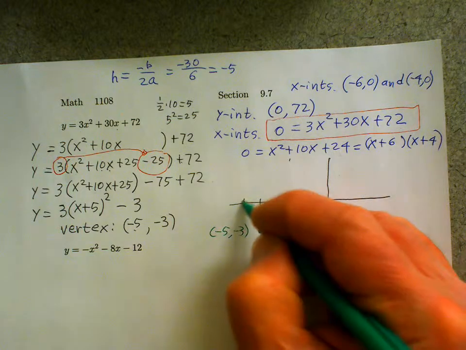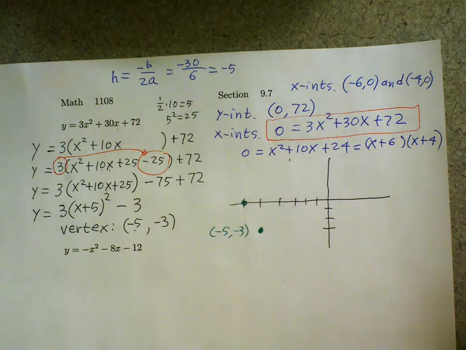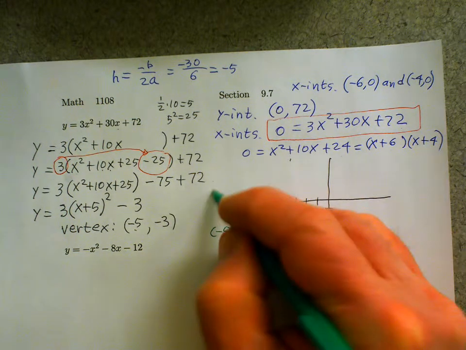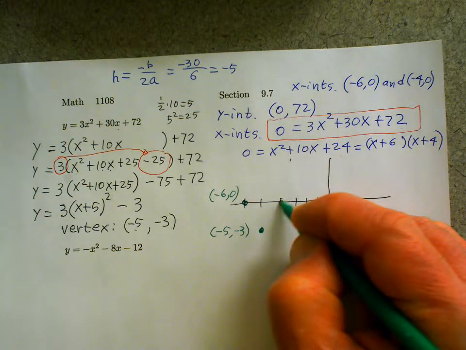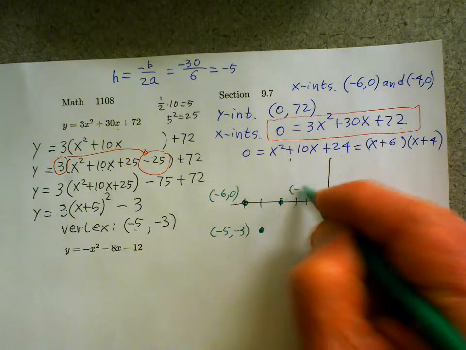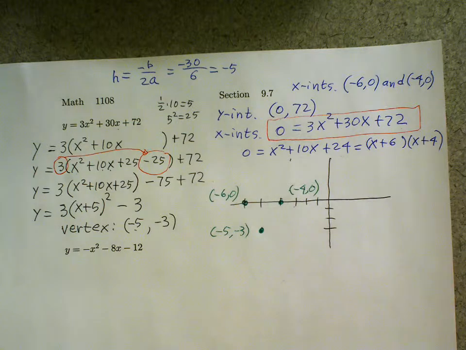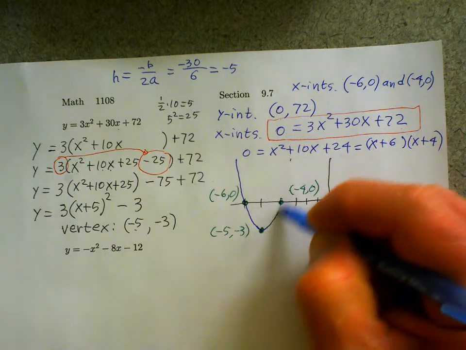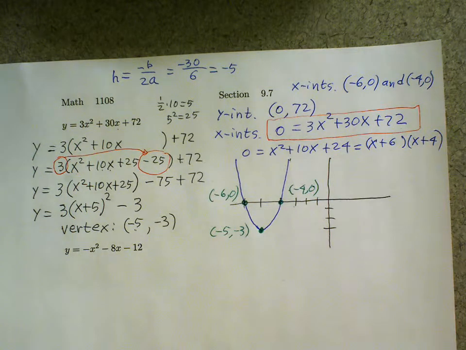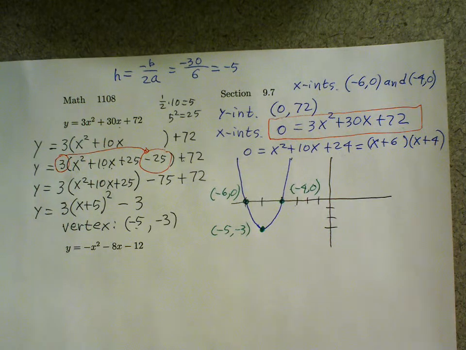An x-intercept at -6, 0, and another x-intercept at -4, 0. And then the parabola opens upward. All right, let's work on the next one.